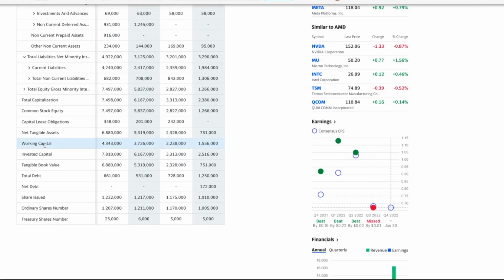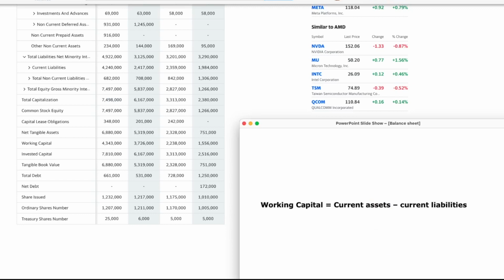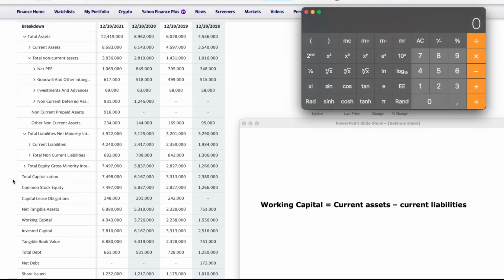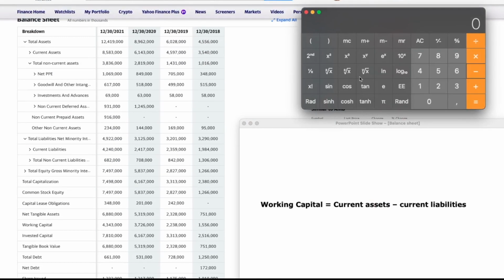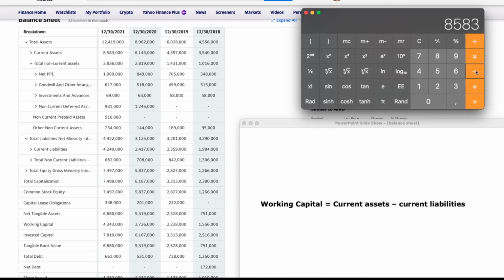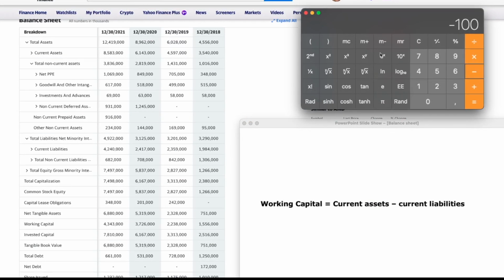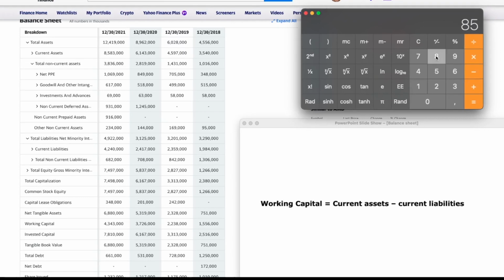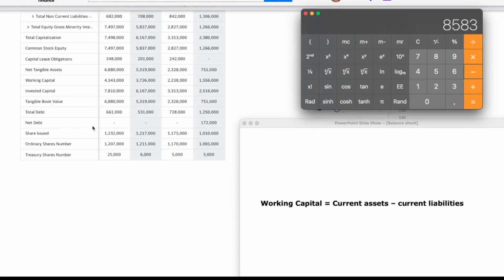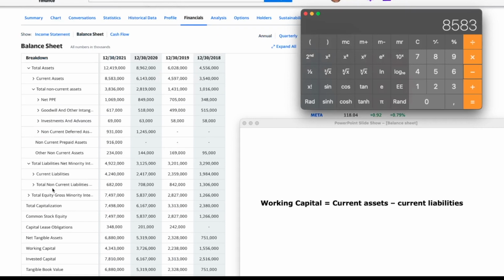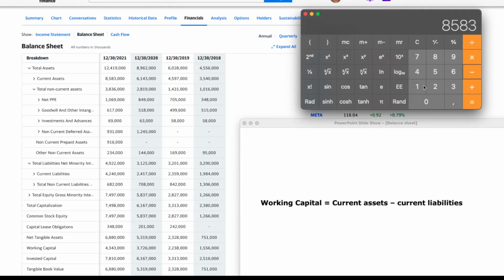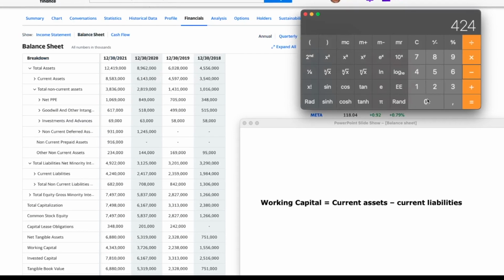Next on the list is the working capital, and working capital has the definition of current assets minus current liabilities. The company has current assets of 8583, and we can subtract the current liabilities, which are 4240.